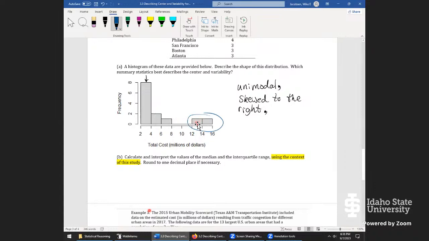So this one could be borderline, but this one, once we take a look at our rule of thumb in 3.4, it's probably going to become classified as an actual outlier. I'll say here, and there are outliers on the upper end.